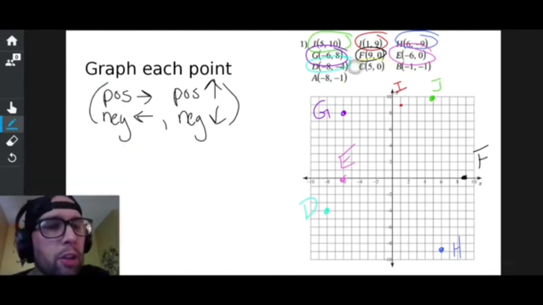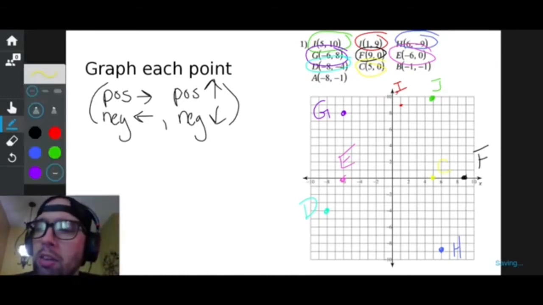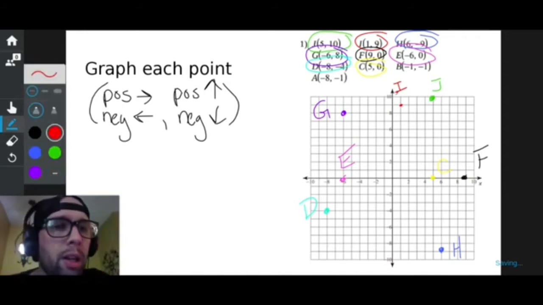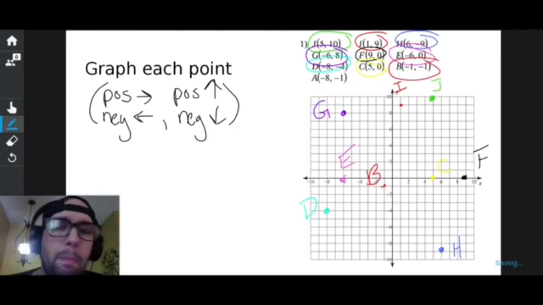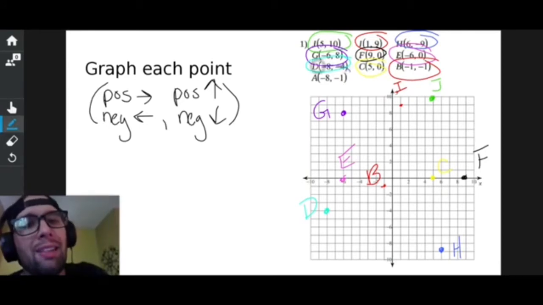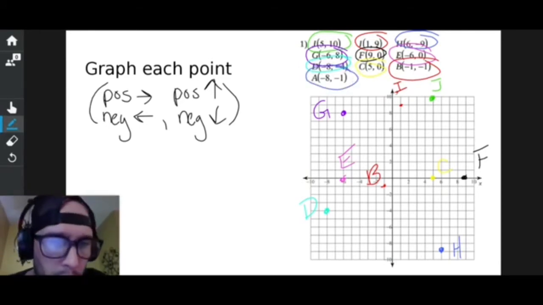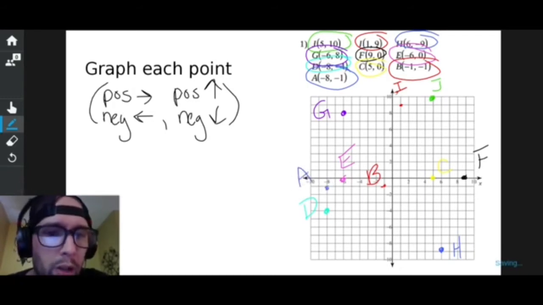C is 5, 0. So let's go right 5. Don't move. Call it C. B is negative 1, negative 1. So B is going to be left 1, down 1. And A is negative 8, negative 1. So let's go left 8, go down 1, call it A.